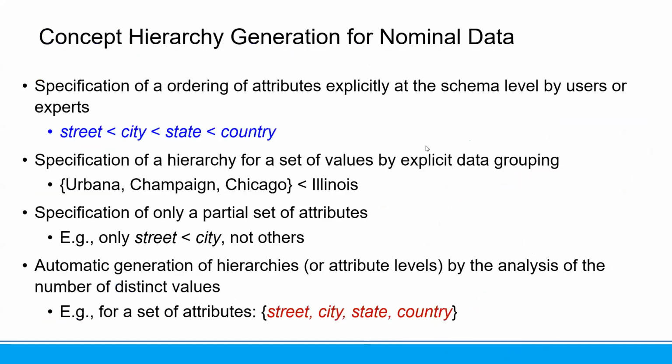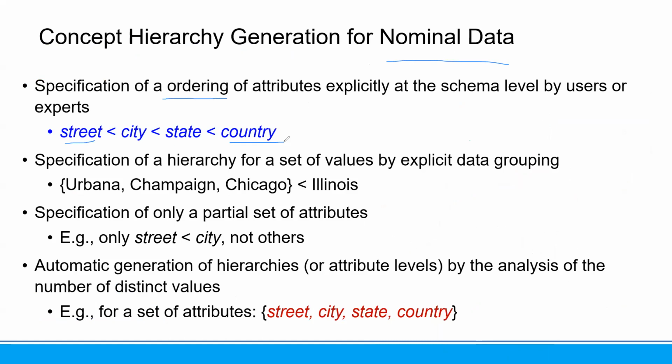The same goes for the city. If we have country, city, state, and street, those are nominal data, and in nominal data, we can specify the order. We know that street is the lowest level and country is the highest level.